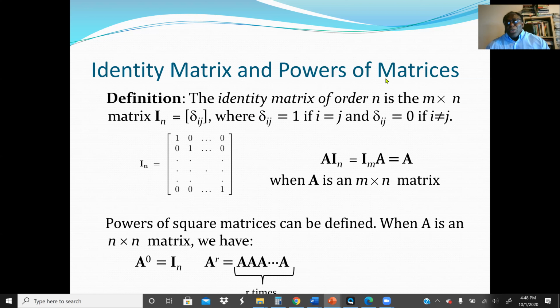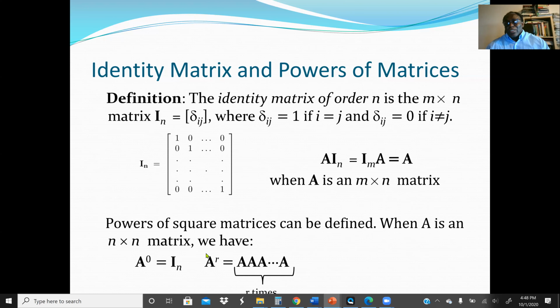Also, the powers of a matrix are the same as an exponent. So we know that a matrix raised to the power 0, the answer will be the identity matrix. That's what we have here exactly. Doesn't matter, A can be any value. If A is raised to the power 0, then we have the identity matrix. Now, A raised to the power r means we are going to multiply the matrix r times.